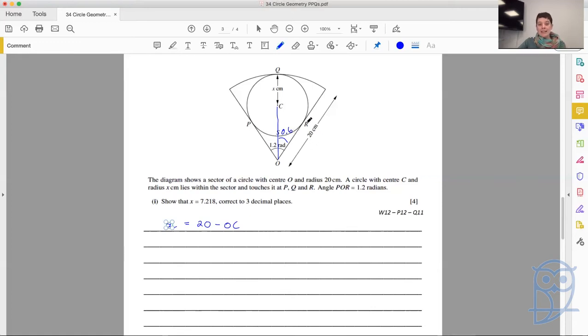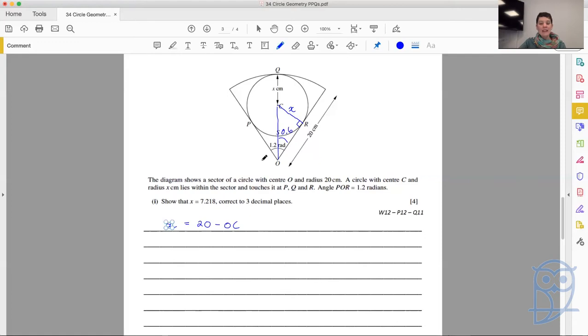If this line is touching the circle, the line is forming a tangent to the circle. And a tangent to the circle always meets a radius at right angles, which means that if we put a line in here, this is a right angle. On top of that, this is a radius, this is a radius, this is X.